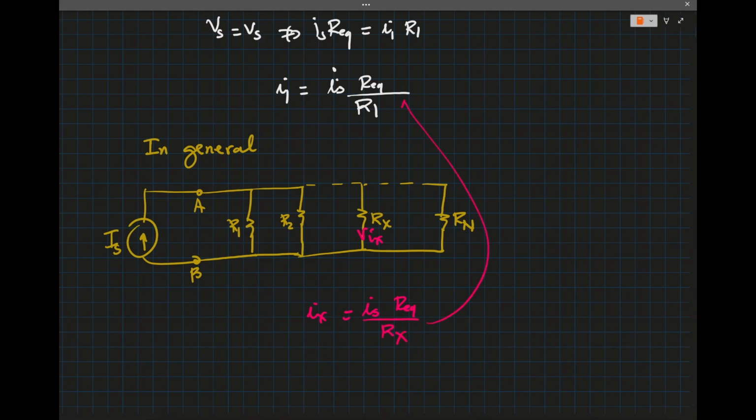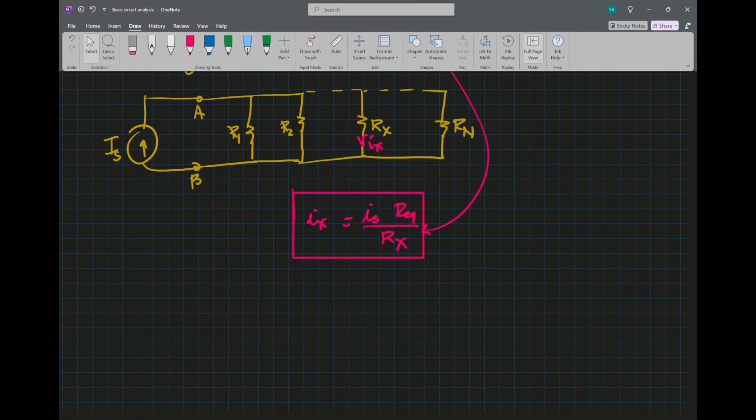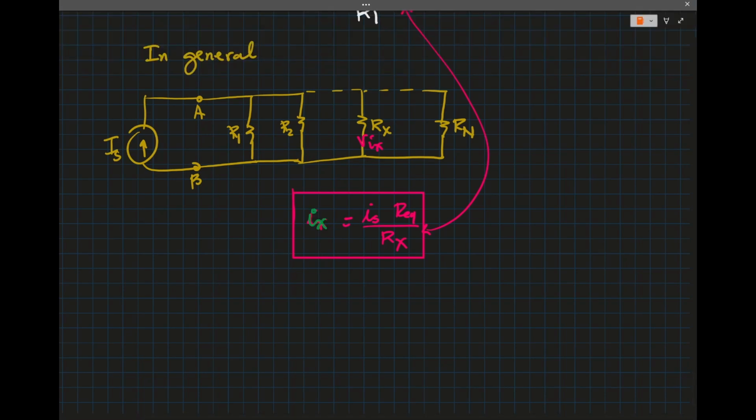Right, that comes from what we derived here for two resistances. So that's the current divider rule.